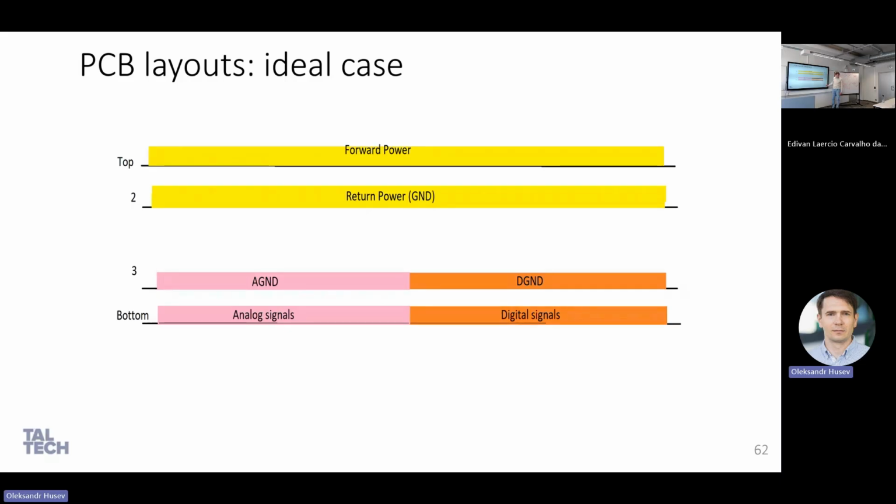This is more expensive. That's why I said this is the ideal case, but you have to pay for it because this PCB will be more expensive. But also, all the electric field is inside and it doesn't interfere with this side.